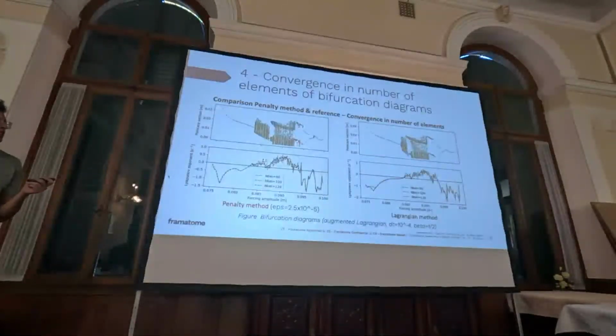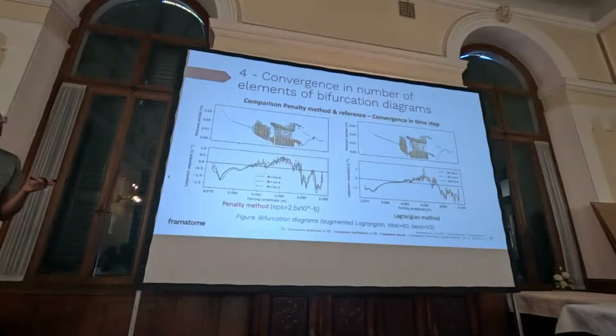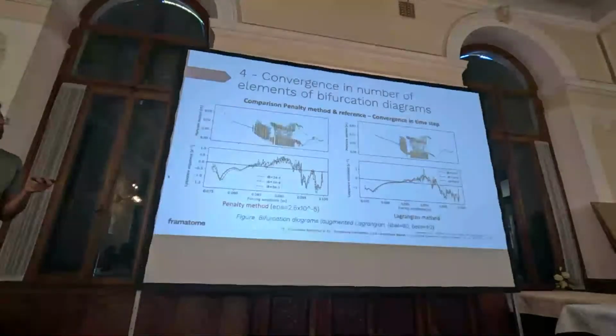In here, we compare the penalty method to the Lagrangian method. What we see is that the band of chaotic solutions is larger, but it has a similar shape overall, and that's the same for convergence in time steps.